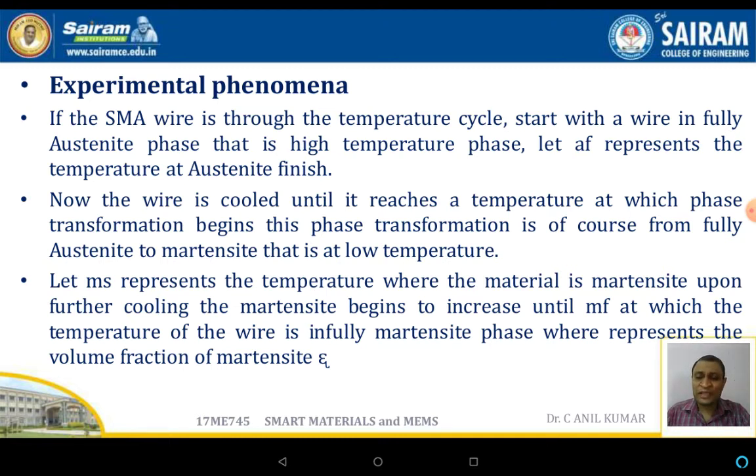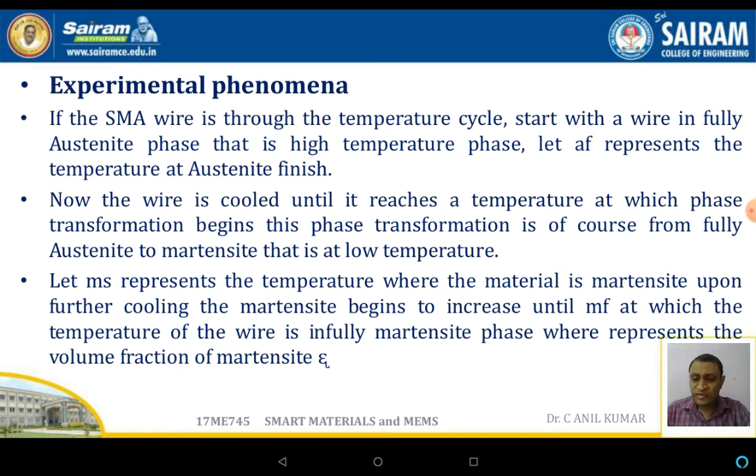Now the wire is cooled until it reaches a temperature at which the phase transformation begins. This phase transformation is the course from fully austenite converting into martensite, that is at low temperature.